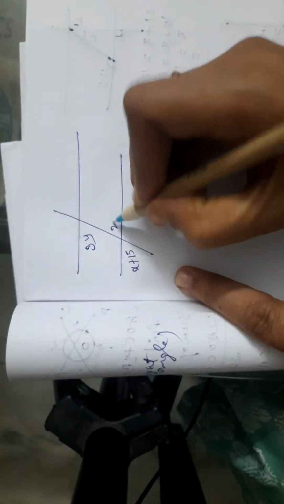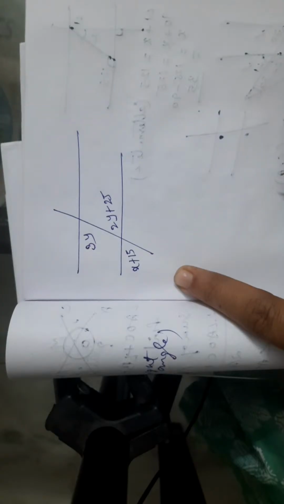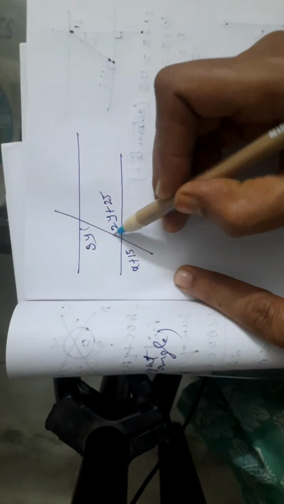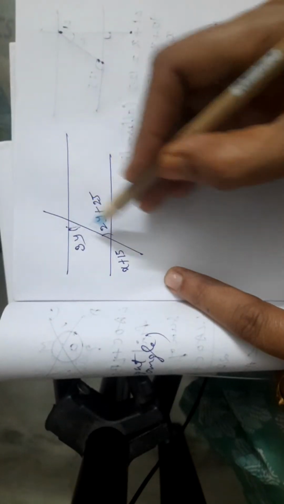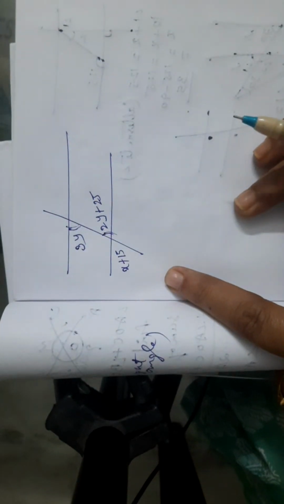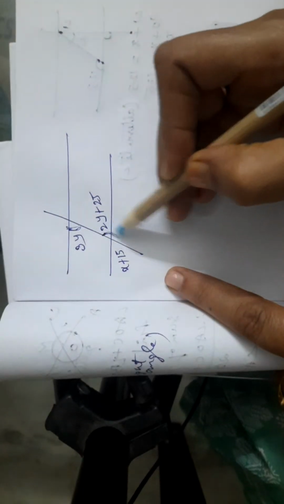And this is given 2y plus 25. What is the relation between these two angles? Can you say the relation between these two angles?